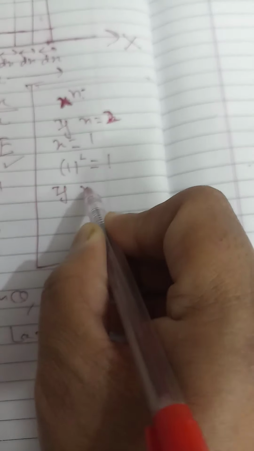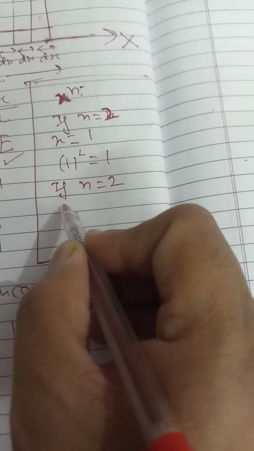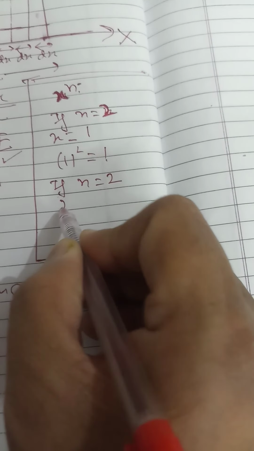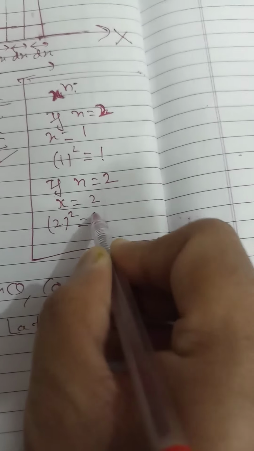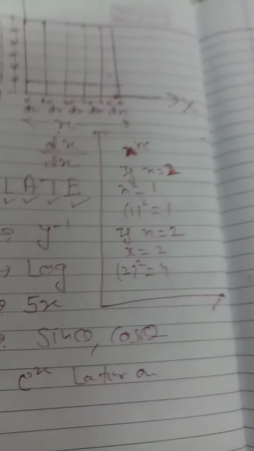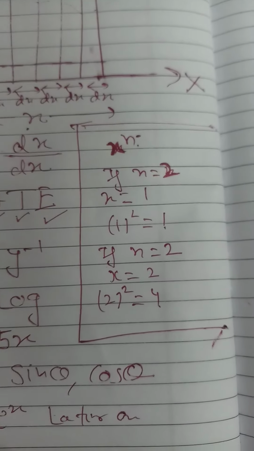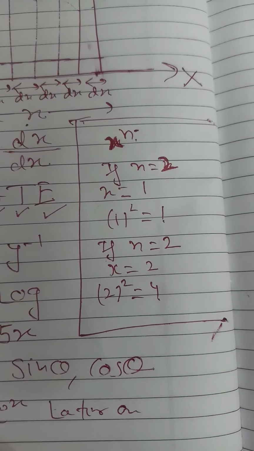Now if n is equal to 2, I am keeping it constant, but now my x is 2. So 2 square becomes what? 4. Are you getting my point? It means I am keeping n constant, but I am changing x. x is variable where n is constant.